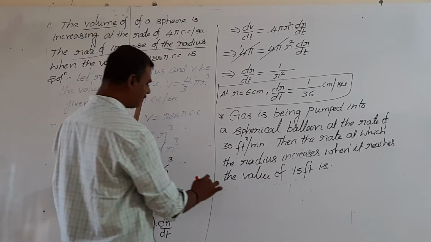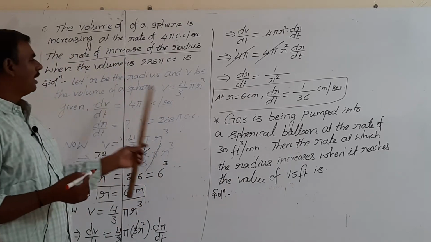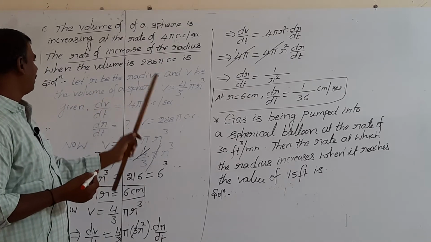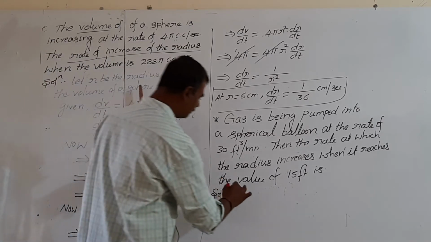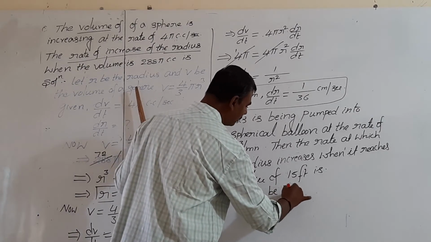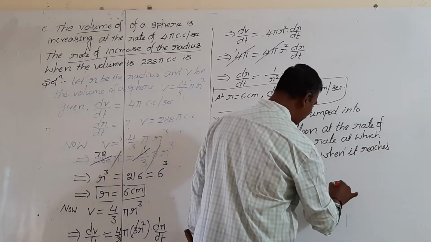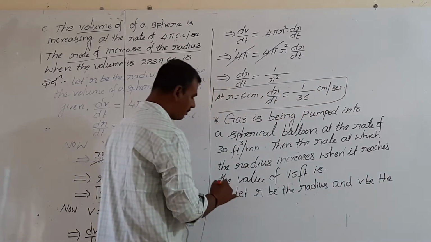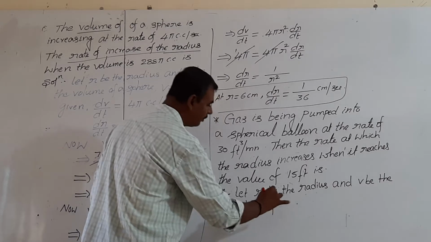According to this given data, firstly we assume that R is the radius and V is the volume of a spherical balloon.